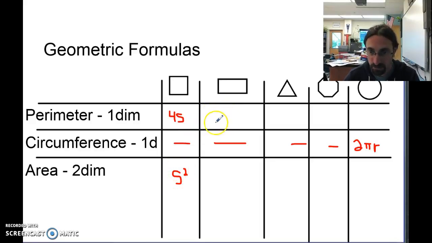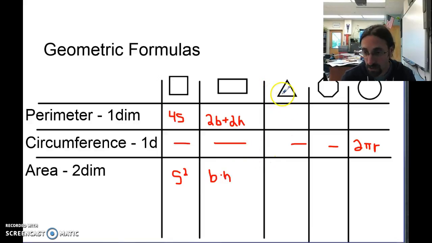On a rectangle, it's twice the base, right? Because you've got 2 bases, plus twice the height. And that is for, again, the perimeter. When you want to find the area, it's just base times height.